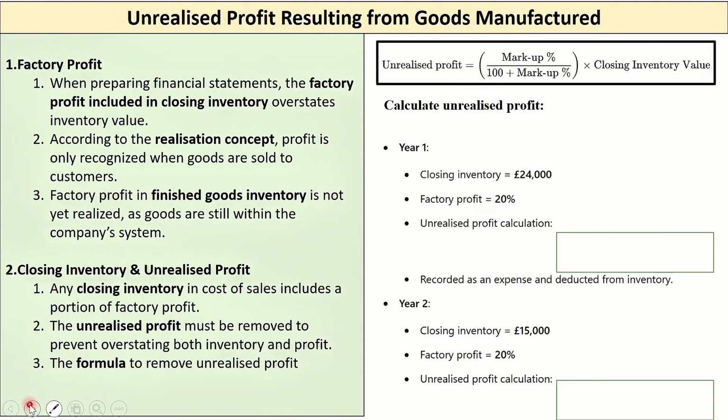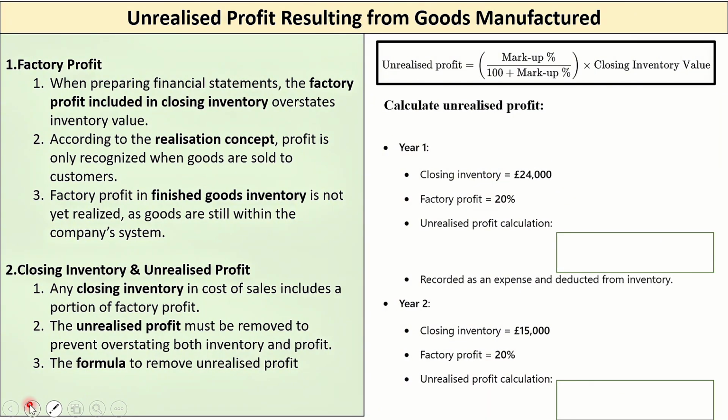Look at this example of unrealized profit resulting from goods manufactured. This is another key area tested in the past papers of paper 1. Factory profit. When preparing financial statements, the factory profit included in closing inventory overstates inventory value. According to the realization concept, profit is only recognized when goods are sold to customers.